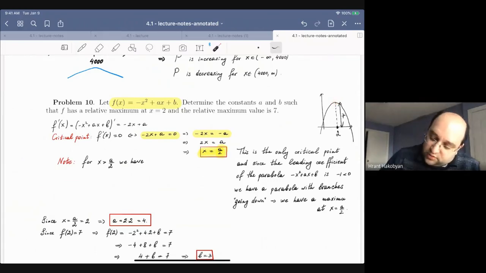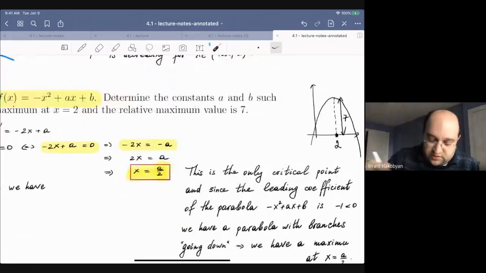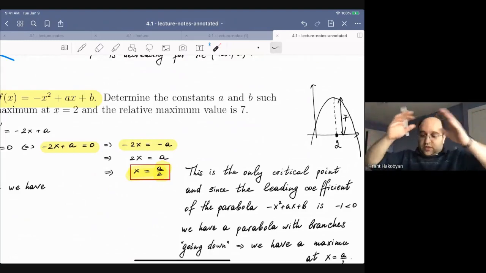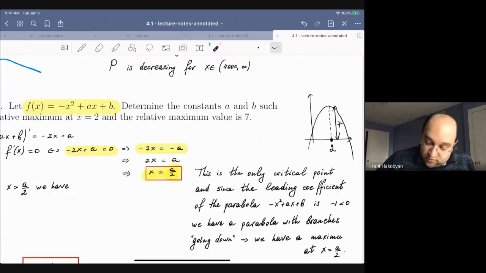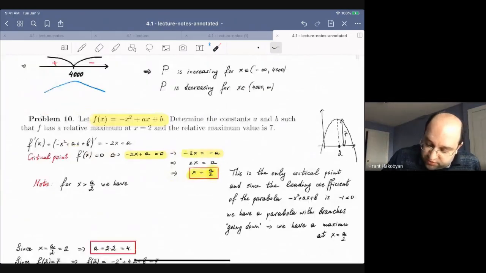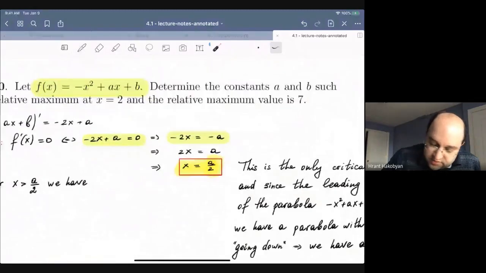Why do I know it's a peak and not the other way? Because the leading coefficient is negative, which means the branches go down. We talked about this. So the critical point is a local maximum.